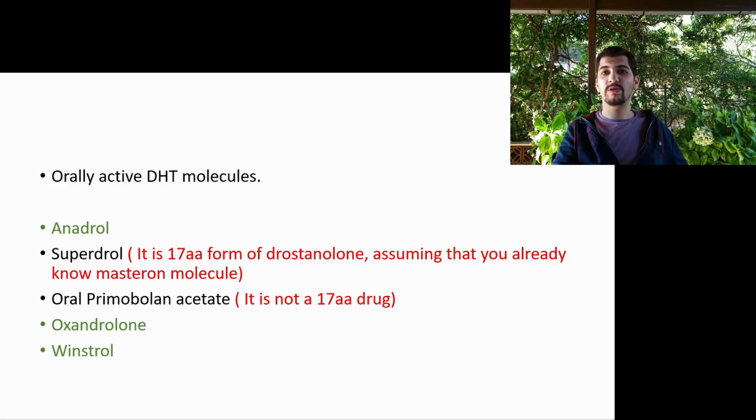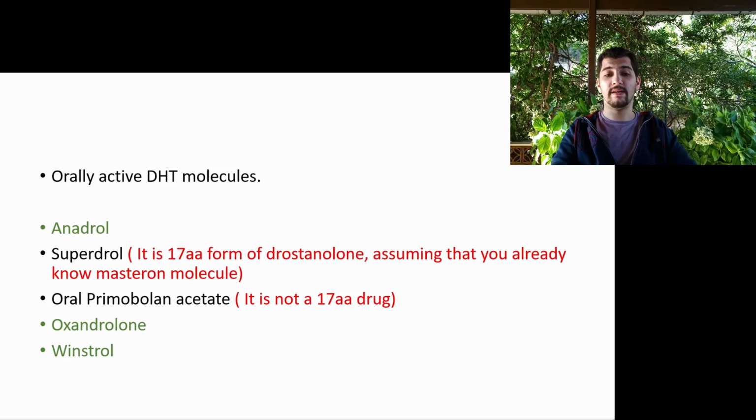Assuming that you know the molecular structure of drostanolone, you can say that it's a derivative of drostanolone, so it's not superdrol, by looking at the molecule itself. Let's also talk about why oral primobolan acetate cannot be that molecule I've shown you.